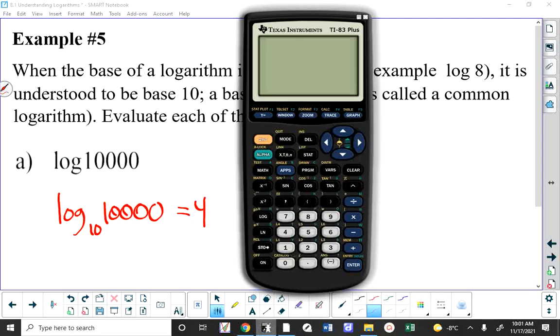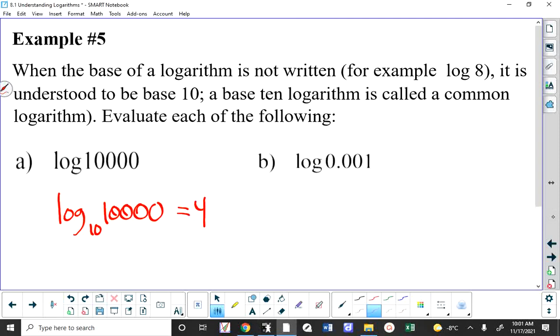We won't calculate it just yet. What is log of 0.001? Well, 0.001 is 1 over 1,000, or 10 to the negative 3. So this must be negative 3. Negative 3 is the exponent to which you raise 10 to get 1 over 1,000.